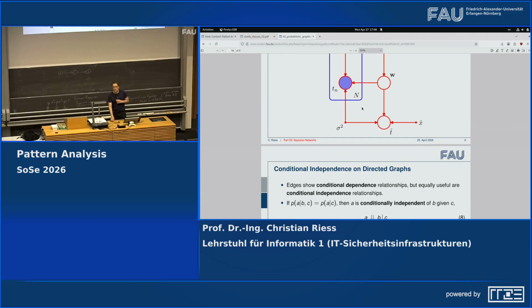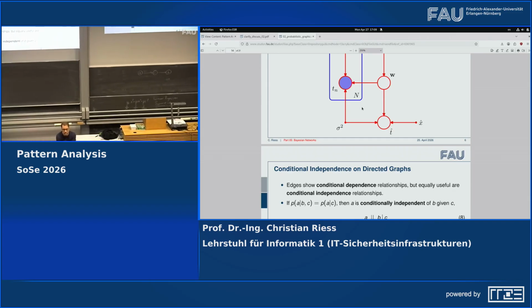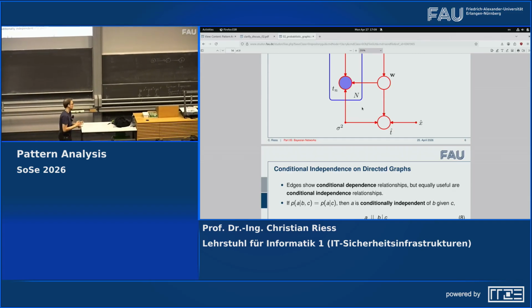What role does this property of, oh, I observed a variable here, play? It's about the calculation of the neighborhood. No?